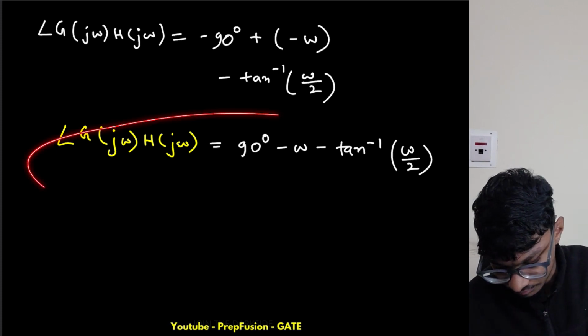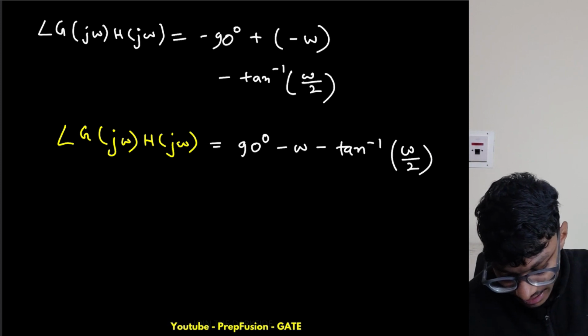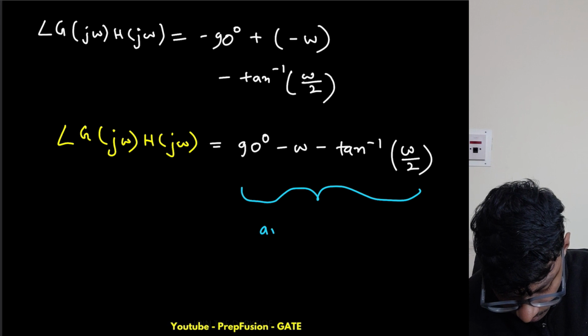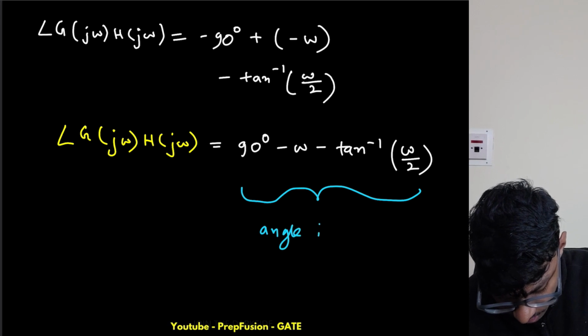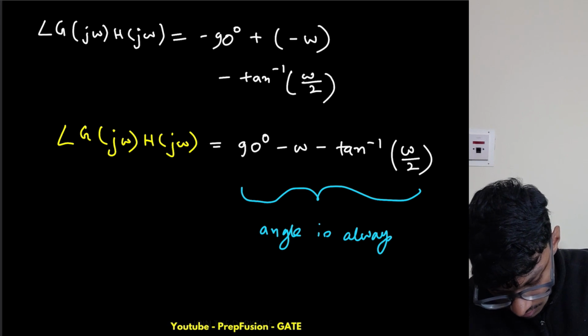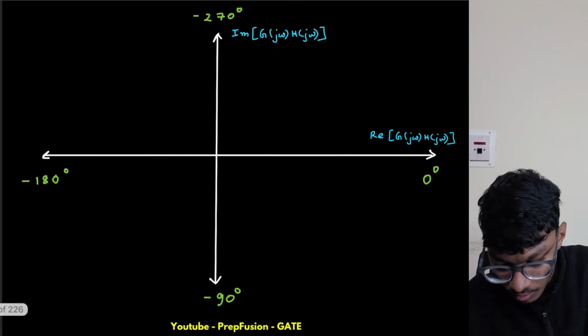So this is this one. So 90 minus omega minus 90 minus omega. So what I can see is my angle is also always reducing, right? Always decreasing. Okay. Angle is always decreasing. So can you plot this one for me?